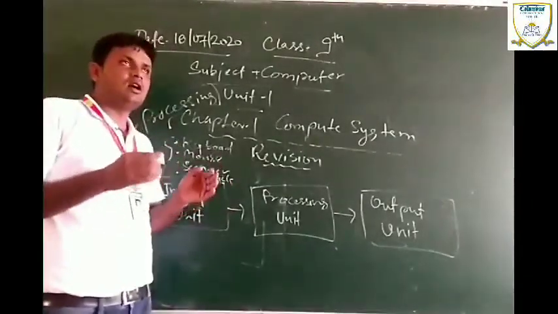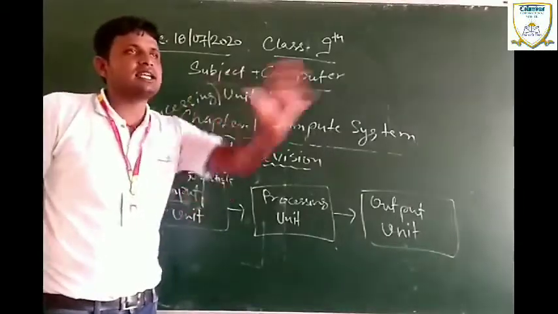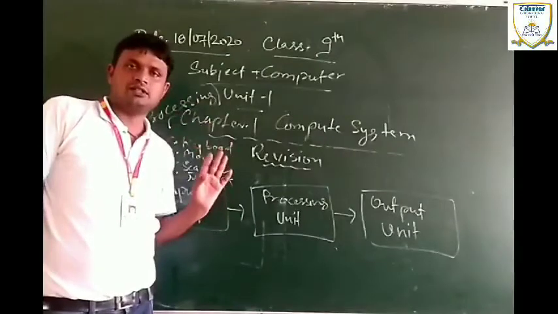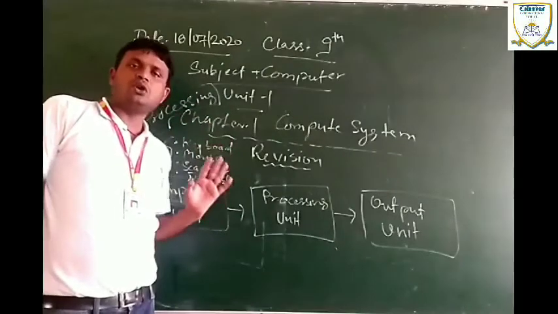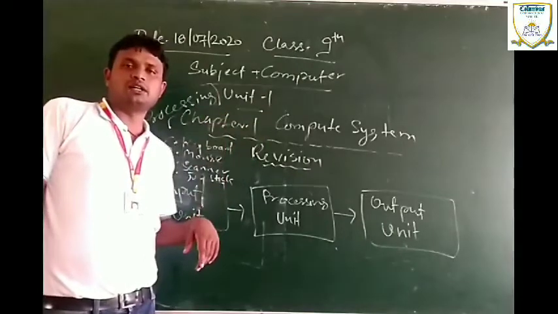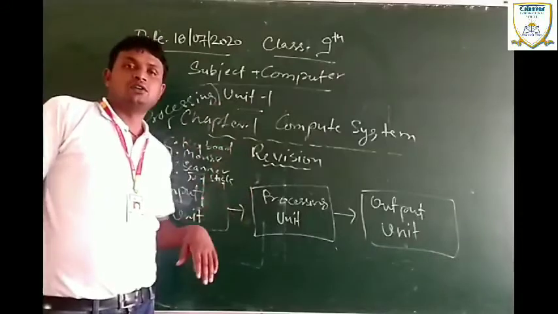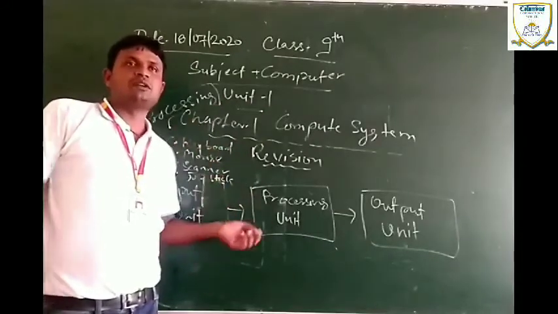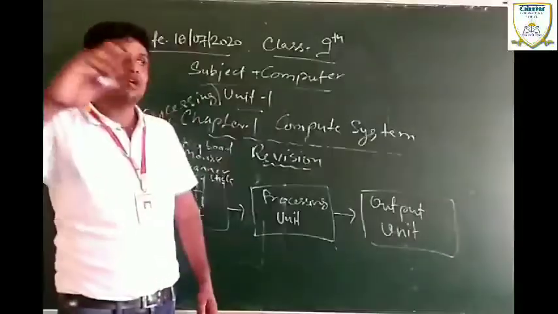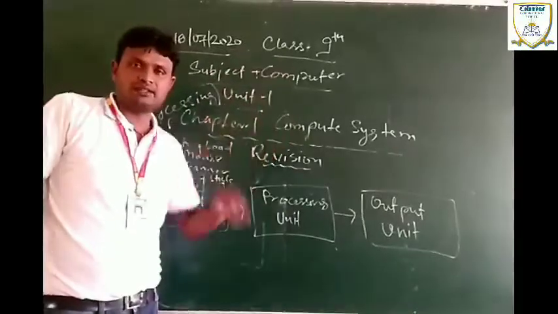Input peripherals or devices are used to give a set of instructions to the computer for doing the work. It is only used to give the order to the computer to process. Like in class you stand up and ask, sir, what is the computer? Whatever you speak, that is inputting.